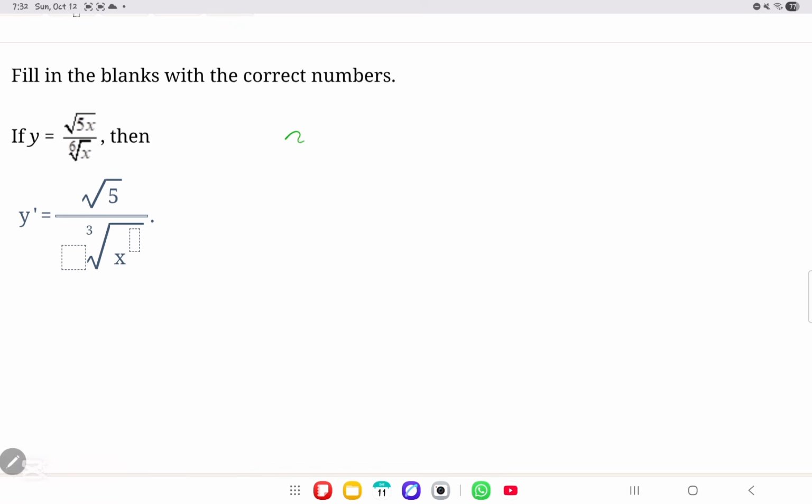It's gonna be what? It's radical 5x over the 6th root of x. Now, I don't like to see them in this format. I always like to see them in the exponent format. So 5x to the power of half, and then x to the power of 1 over 6. I looked at this and I thought, okay, let me do u over v.